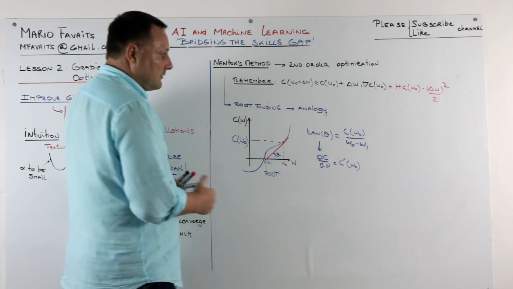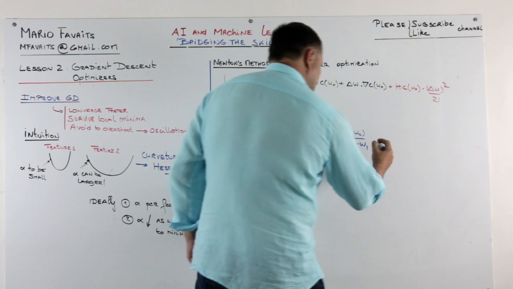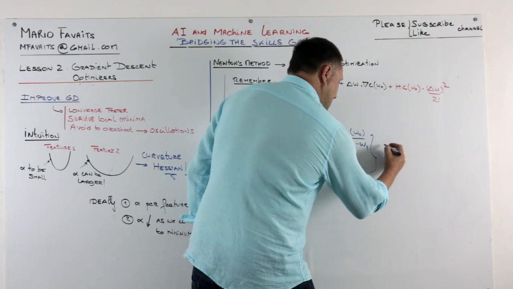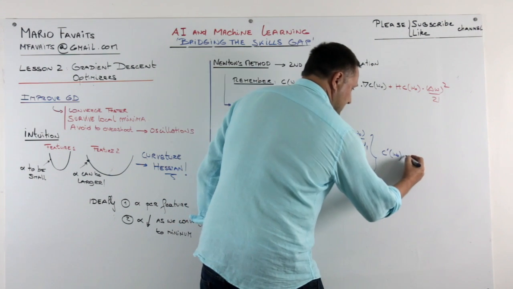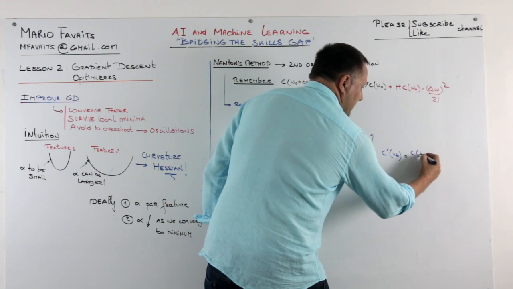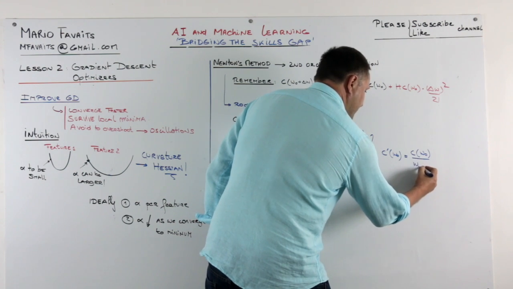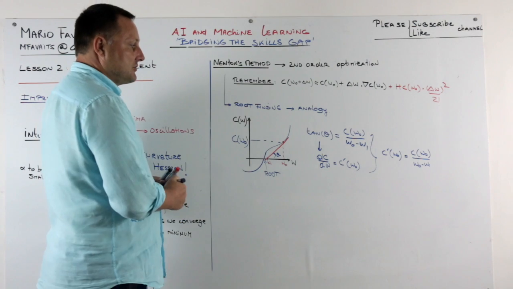Okay, so what we're going to do now is bring this one in there. That means C prime in W0 equals C in W0 divided by W0 minus W1. This is simple algebra.